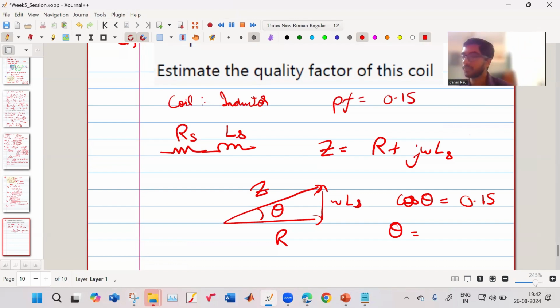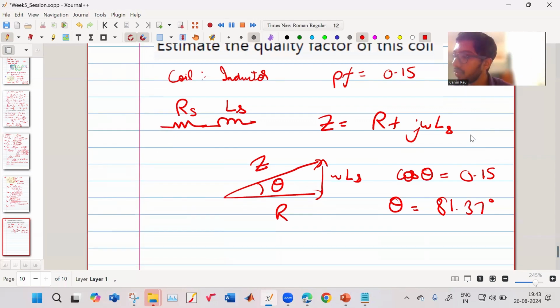Cos inverse 0.15. So theta is actually equal to 81.37 degree.